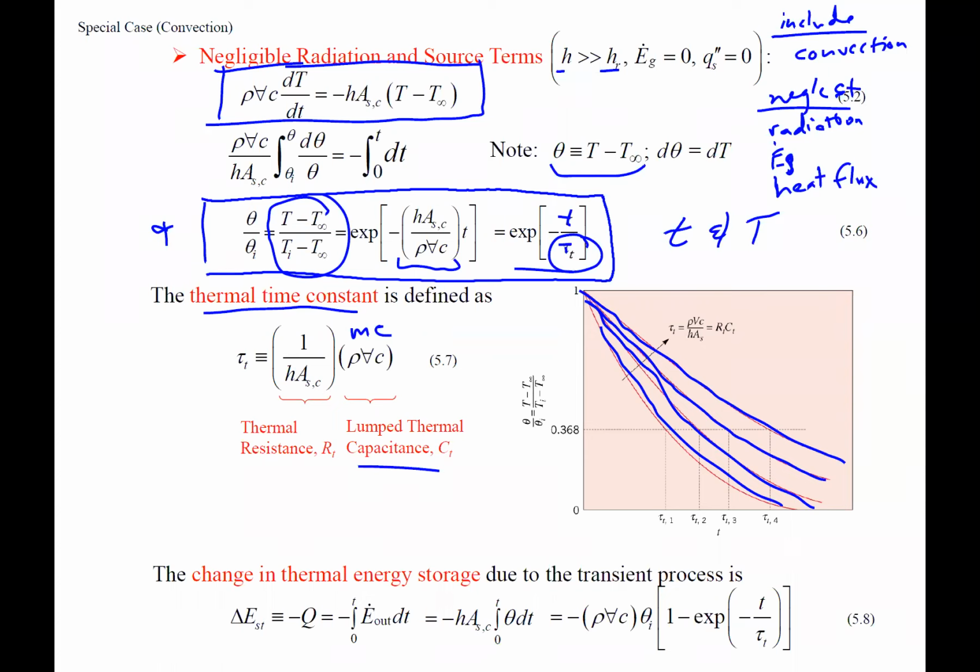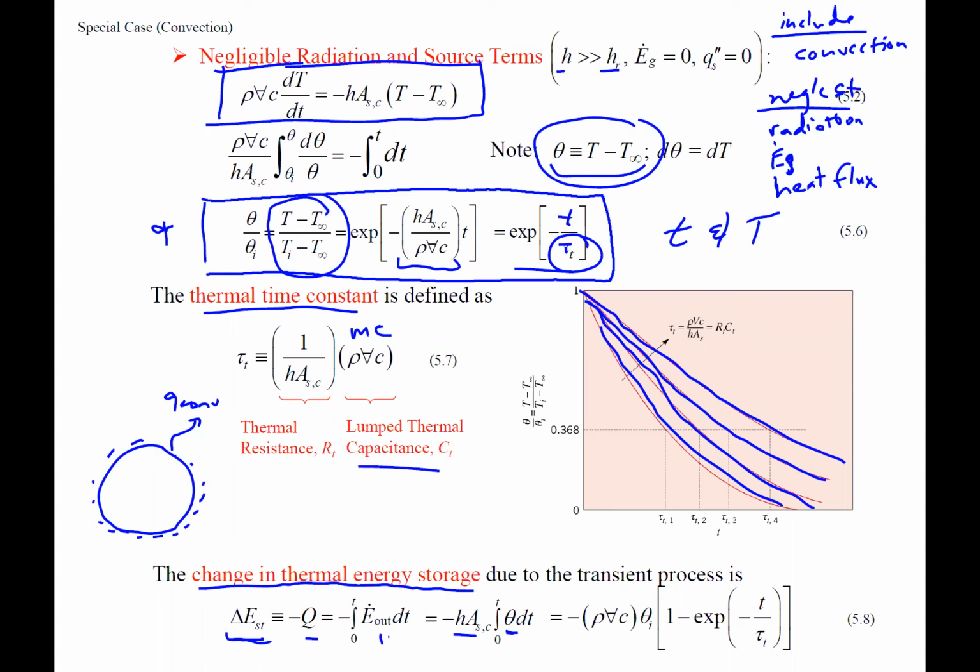All right, so the other equation that comes with this one is the change in thermal energy storage. We can look at the energy change over the whole thing at any given time of the stored energy inside our system. If we were looking at the sphere, it's the energy stored inside that sphere and how it's changing, which is just the heat out. This would be convection out in this problem, which is the energy out. But the temperature, theta in this case, which is T minus T infinity, is changing with time.